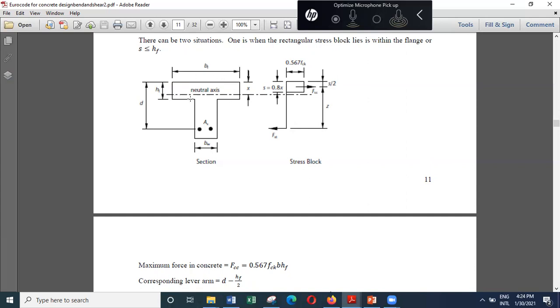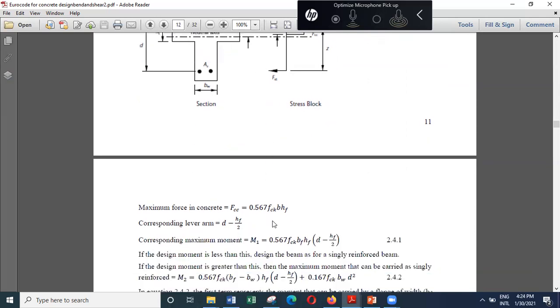What you have found here is not the maximum moment carrying capacity. This moment carrying capacity is the one corresponding to the neutral axis at a location so that the full flange has been utilized. All concrete in the flange has been utilized.